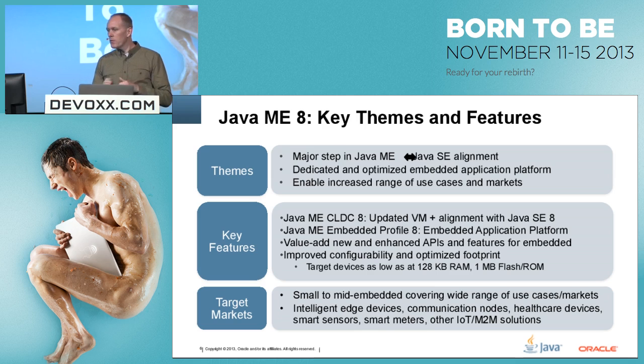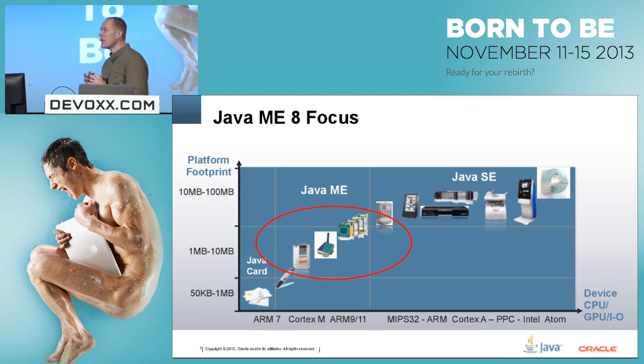Target markets. Really, this slide I think is nice because it shows the distinction between when you'd be developing in Java ME versus when you'd be doing it in Java SE. And it's really about the platform footprint and the processor. So with Java ME, the focus is really on Cortex-M type devices, M3, M4, not Cortex-A devices.